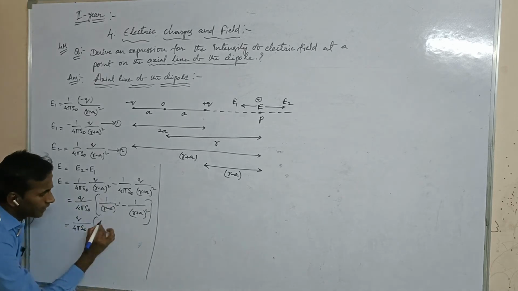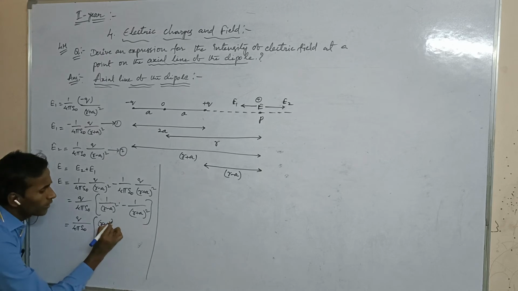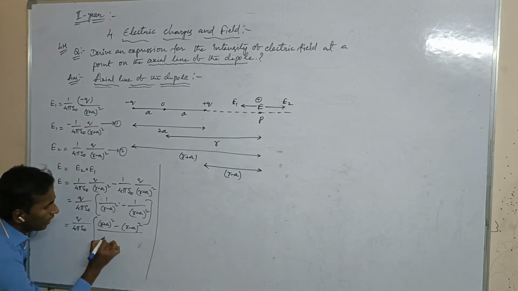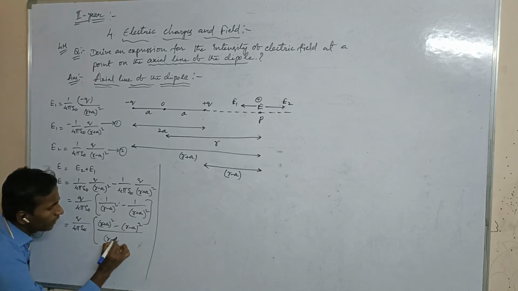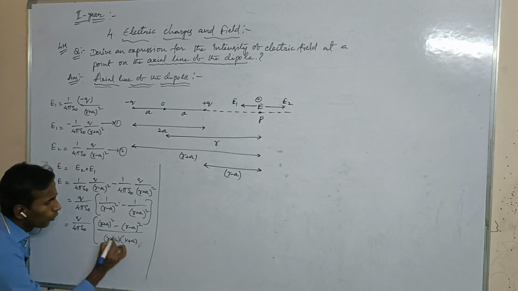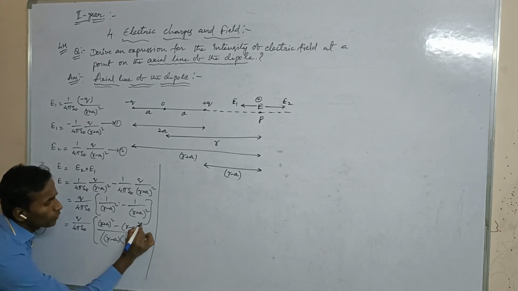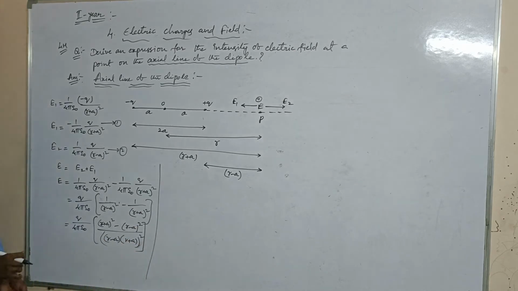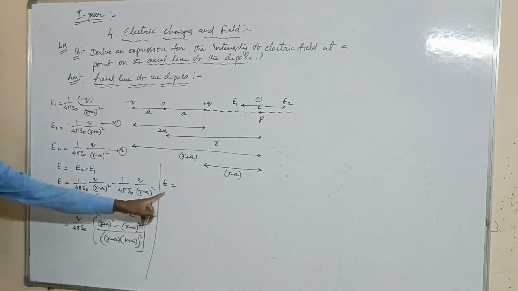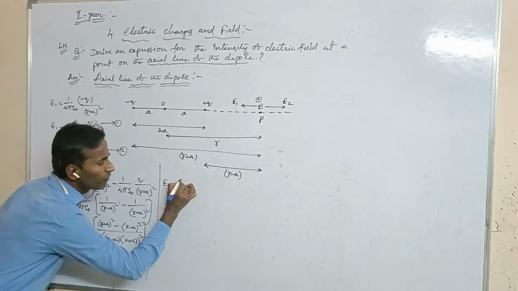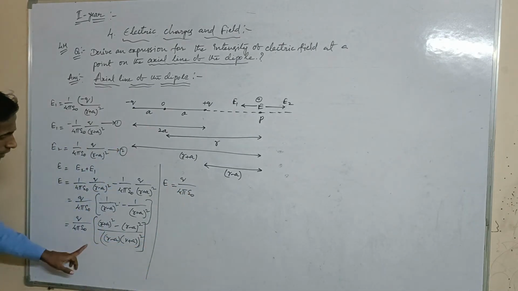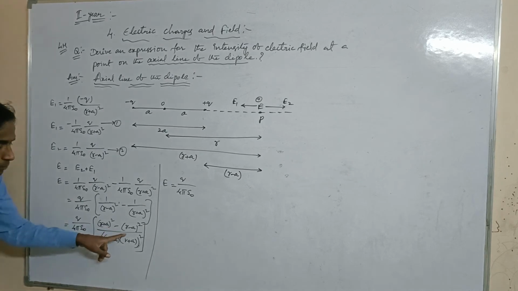Now cross multiplication: R plus A whole square minus R minus A whole square by R minus A into R plus A whole square. It is possible to write. Okay. Now again the resultant electric field, that is E is equal to Q by 4 pi epsilon naught, R plus A whole square minus R minus A whole square.